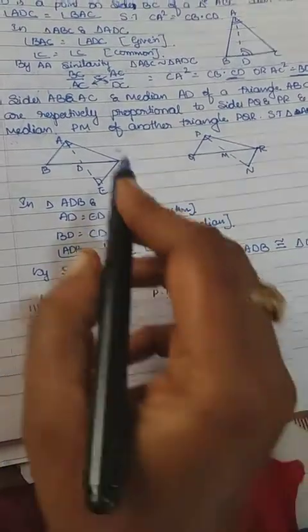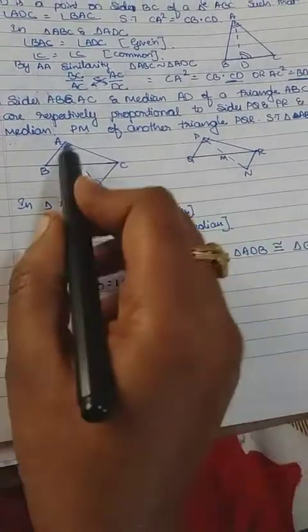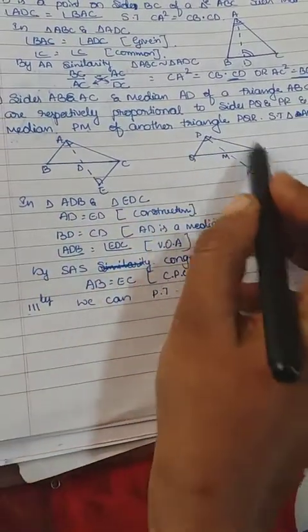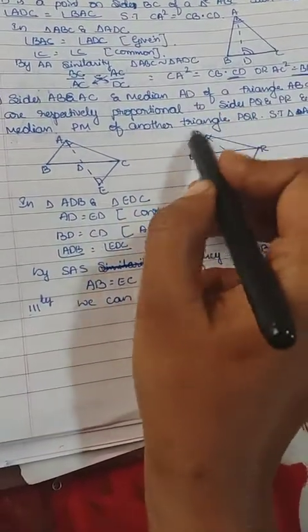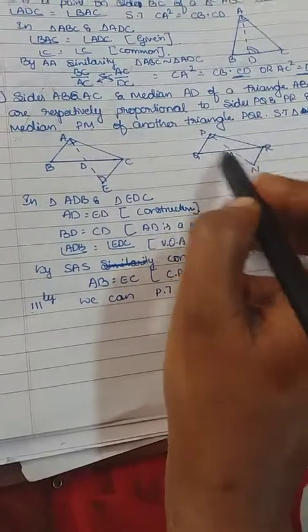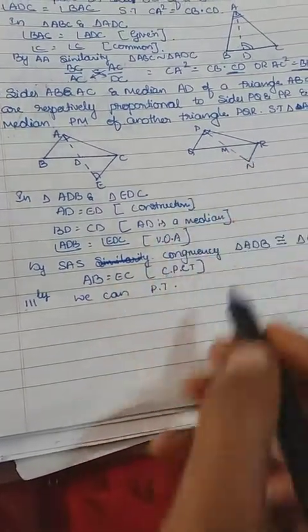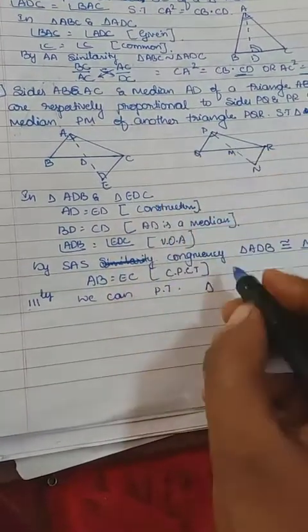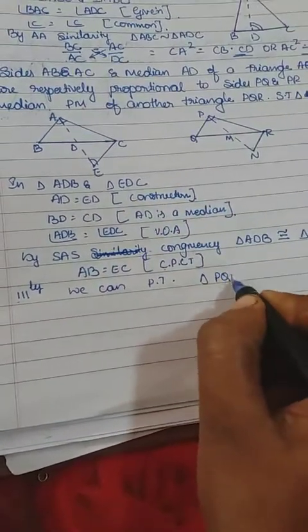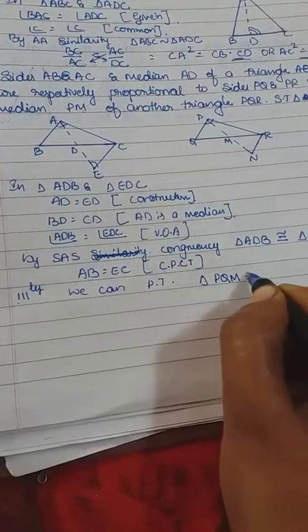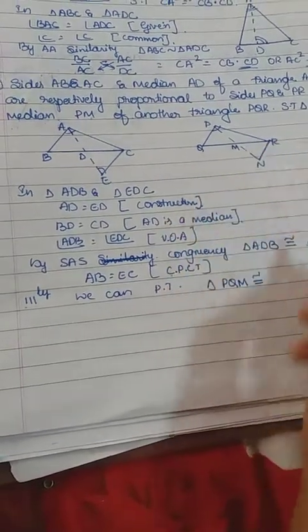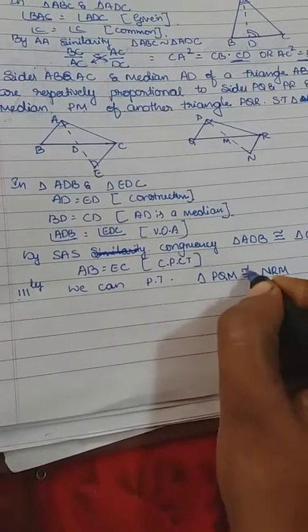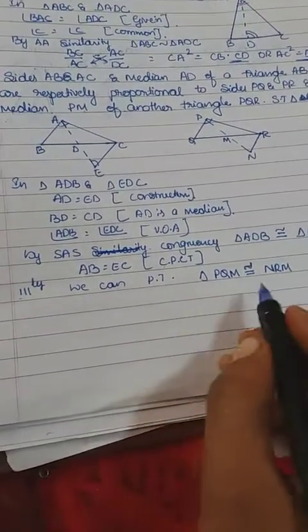Here triangle ADB is congruent to triangle EDC. Both are equal and proportional as given, so we can prove that triangle PQM is congruent to triangle NRM.